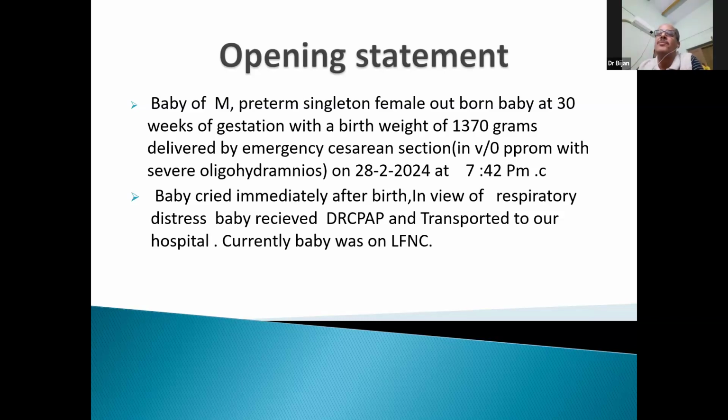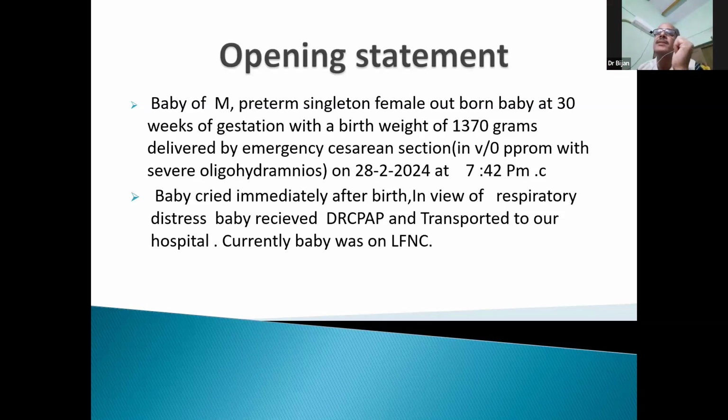There may be a low tidal volume alarm. What are the other reasons? Flow sensor problem. No, not flow sensor. See, suppose there is a leak. Most of the ventilators cannot compensate leak more than 50% or 60%. So you have to see whether there is a leak or not. Second, you have to check your tube position.